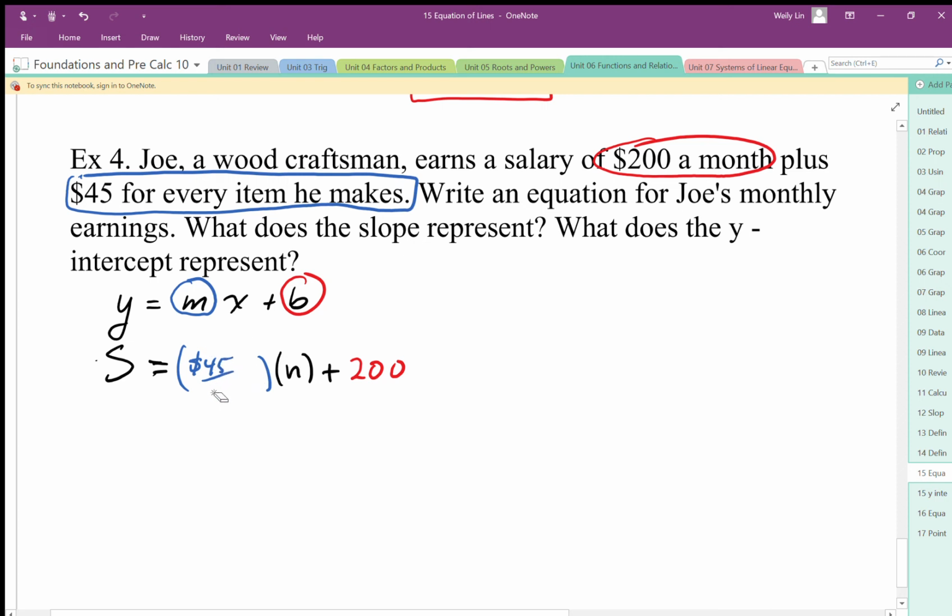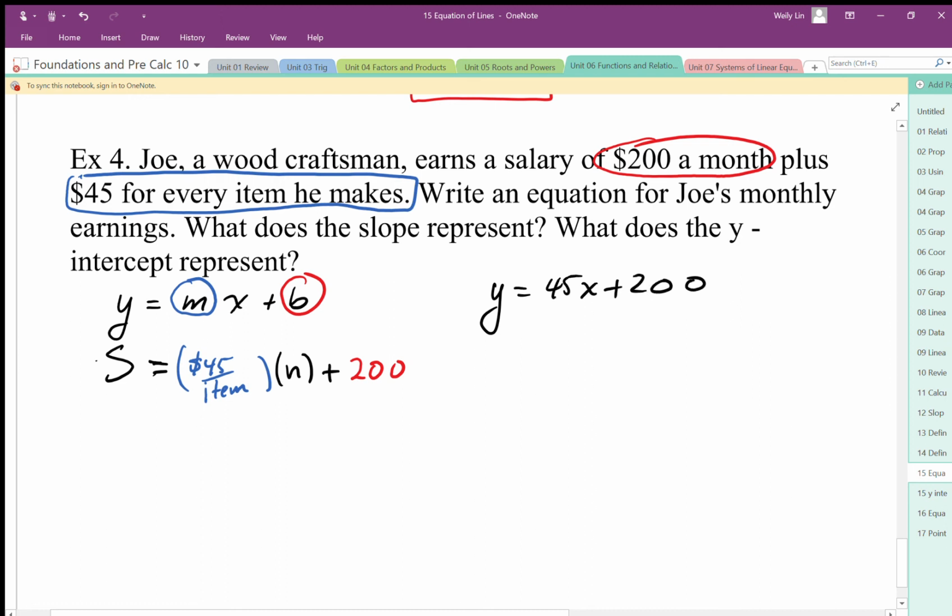Oops, this is not per month, but this is for every item. Okay, so I forgot to read carefully, $45 for every item. So this is a number of items. This is per item. Okay, so I'll clean that up. It looks kind of awkward, so I'm just going to write this as 45x plus 200.